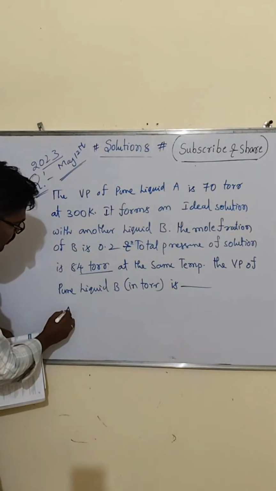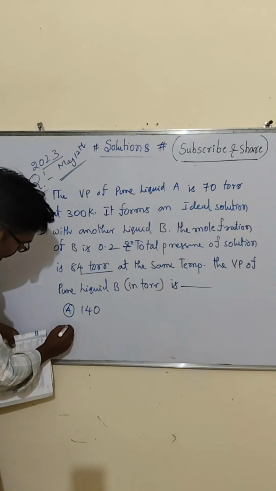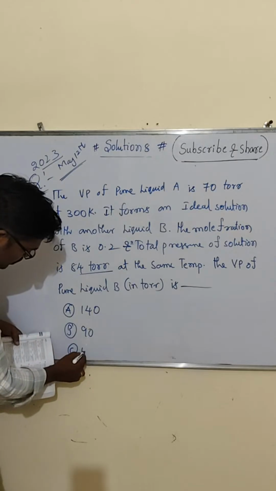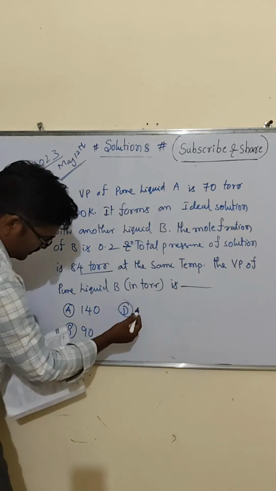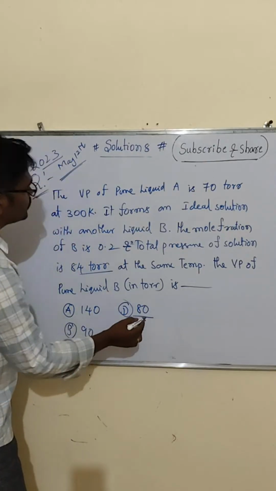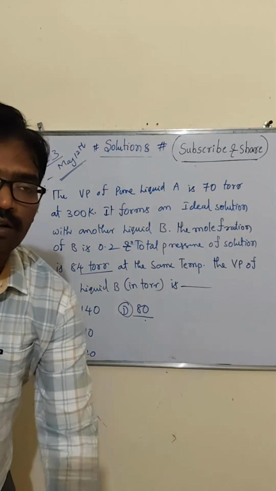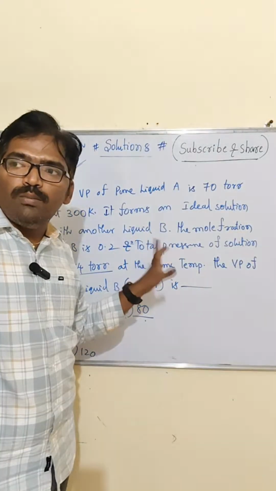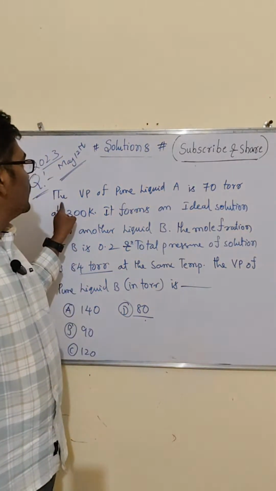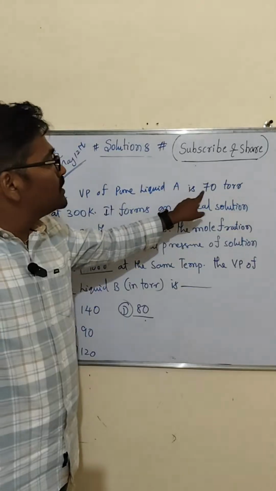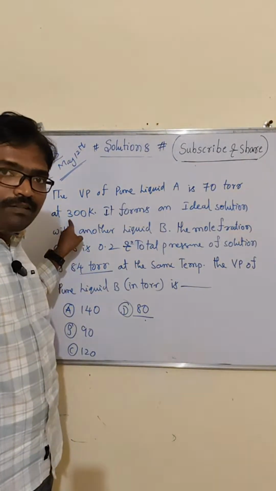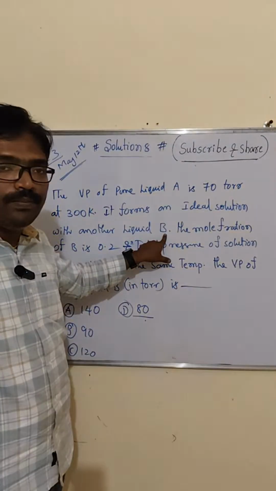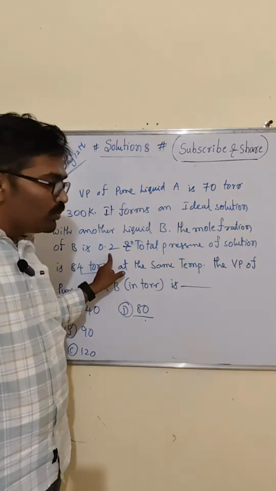The options are A 140 torrs, B 90 torrs, C 120 torrs, D 80. Look at the question carefully. You have to do this question and answer it in the comment section. The vapor pressure of pure liquid A is 70 torr at 300 kelvins. It forms an ideal solution with another liquid B. The mole fraction of B is 0.2.